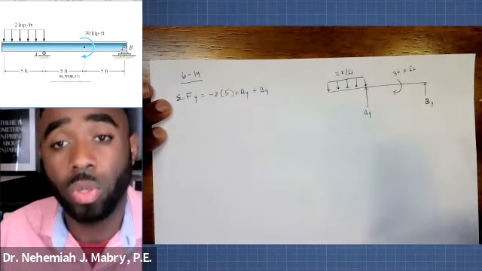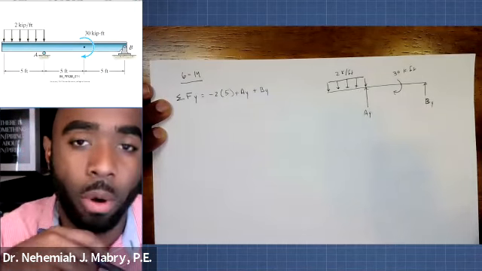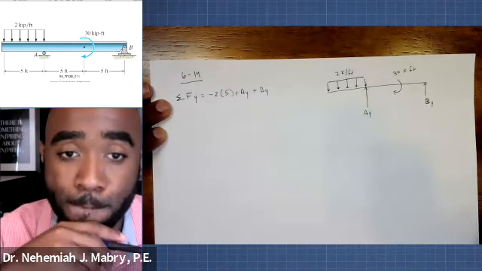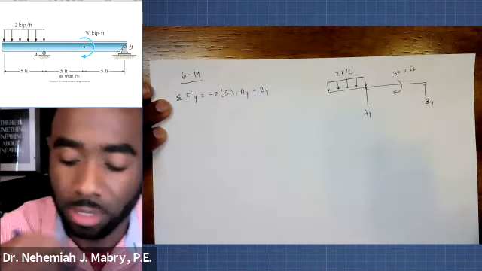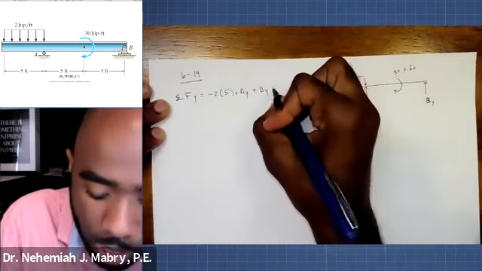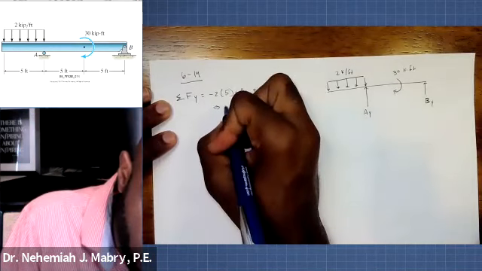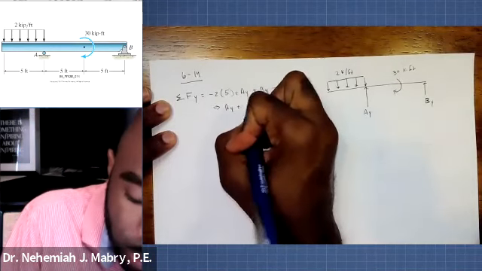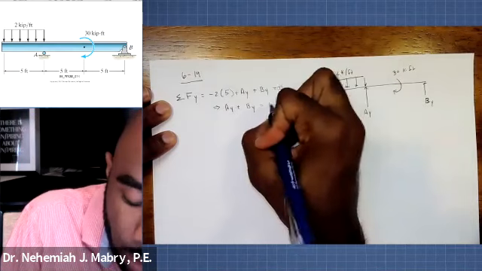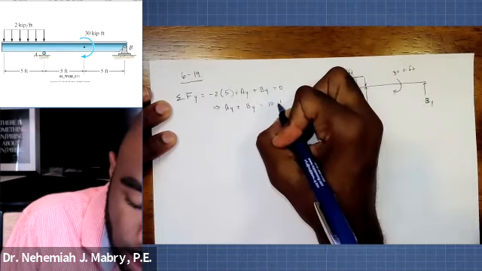Any other vertical or y directional forces? Nope, there isn't. This is a moment, so we're not worrying about it in this case. So we can set that equal to 0. We can rearrange this to simply be AY plus BY equals 10 kips.